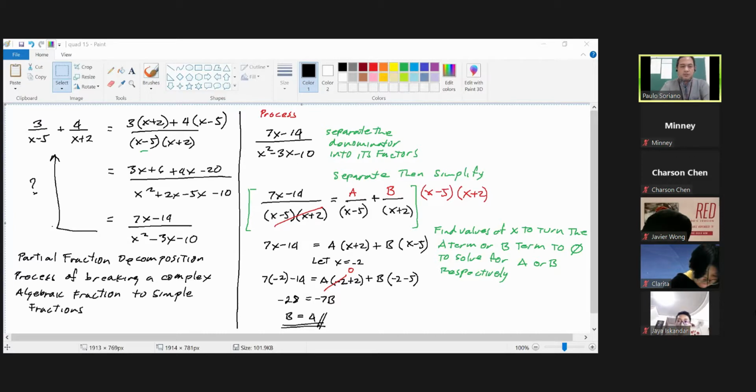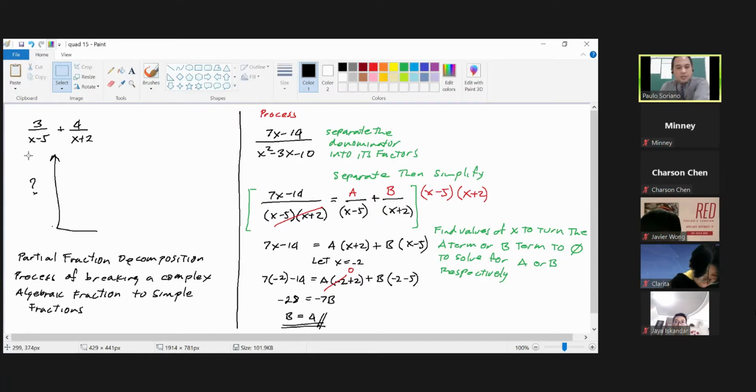I will be erasing some parts of it, so I needed to paste part of it in the group. Next, let me clear this one out. Now that we have B, I'm going to leave this because let's compare answers later.